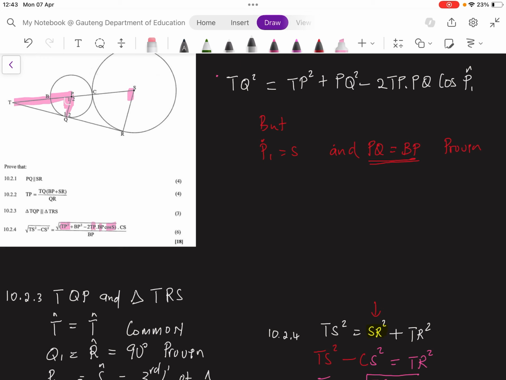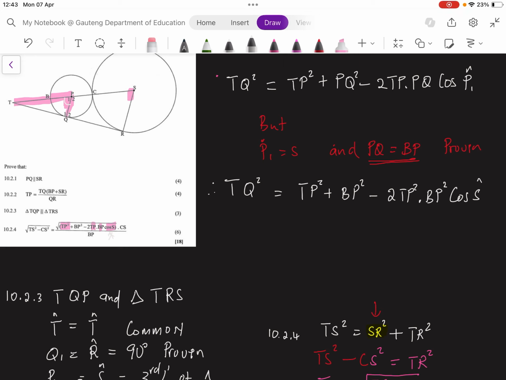So now I can write my TQ squared is equal to TP squared plus BP squared minus 2 TP BP cos. Instead of P1, I'll put angle S, because in what is required to prove, there is S.